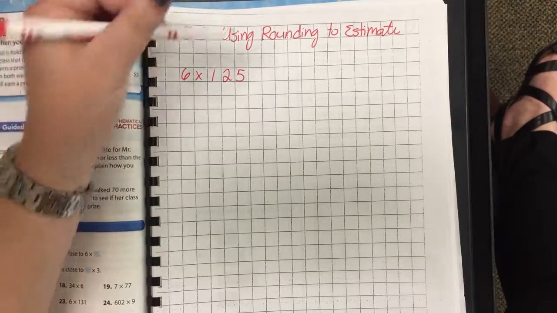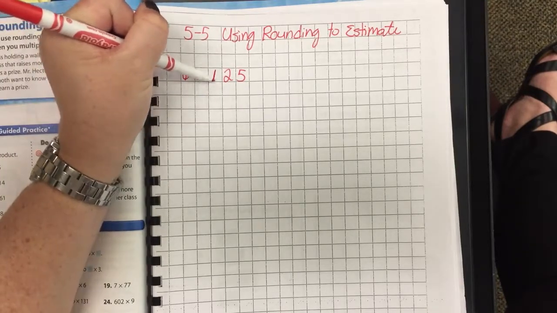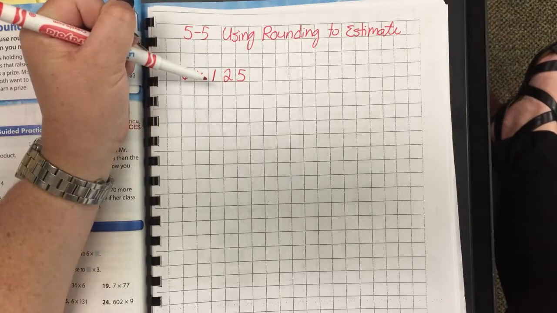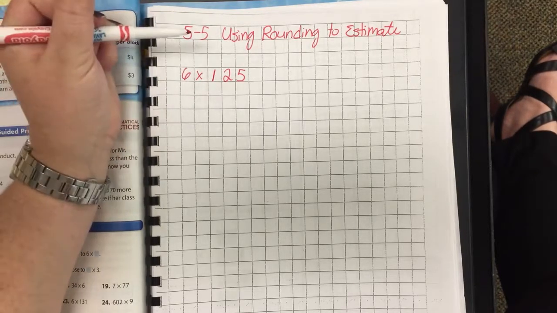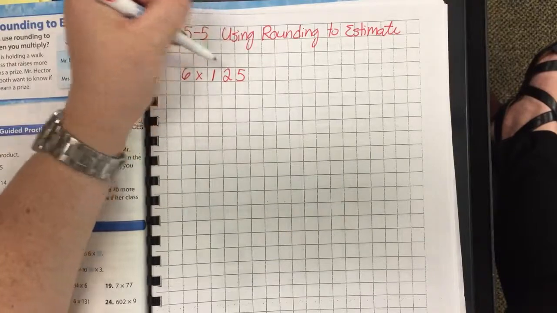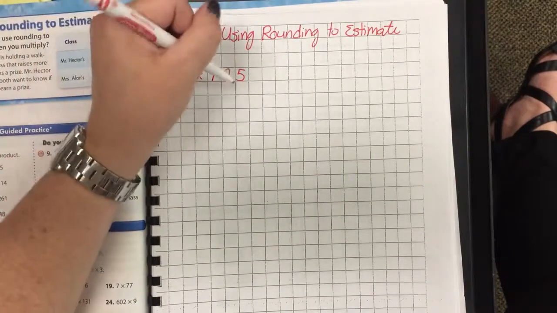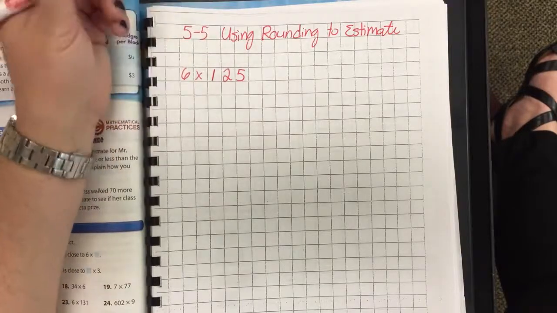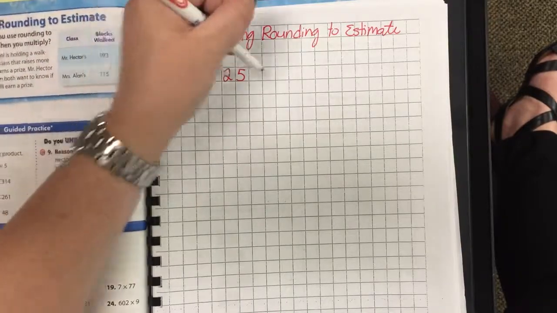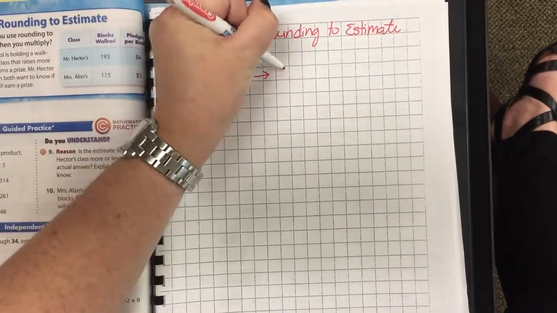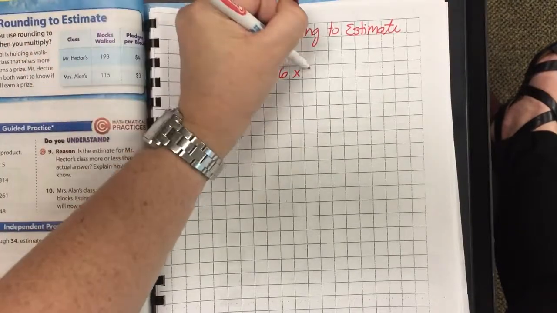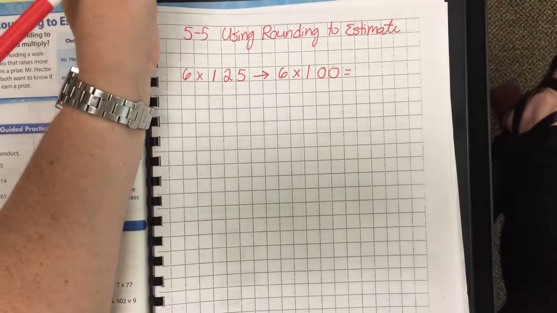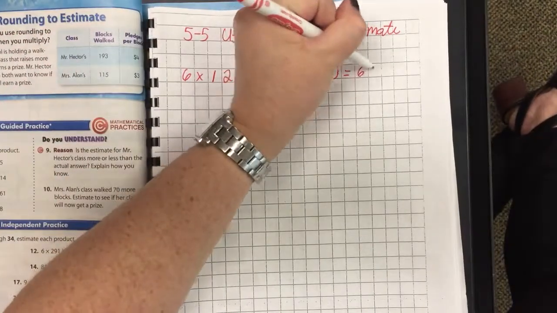Basically, I'm rounding to the place value of the leftmost digit. So in this case, nearest hundred. When I look at this 2, it rounds down, because anything 4 or less goes down. So 6 times 125 turns into 6 times 100. Well, that's pretty easy. What's 6 times 100? 600.